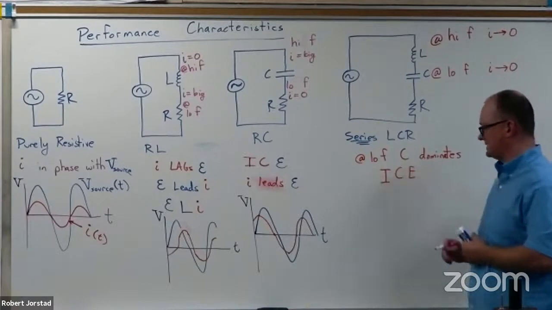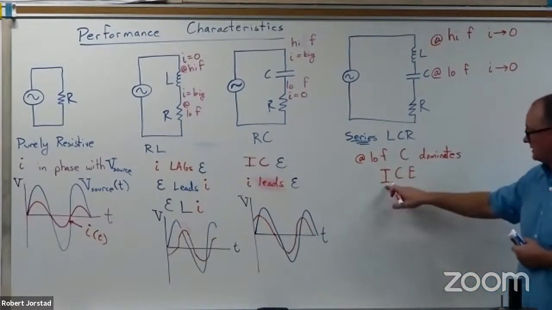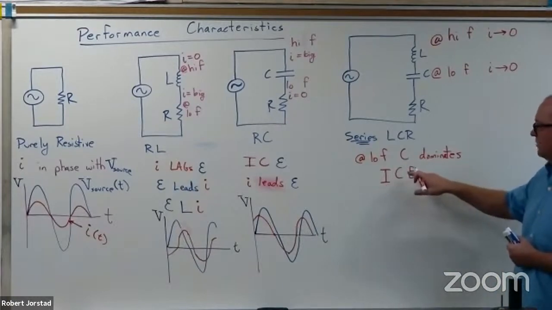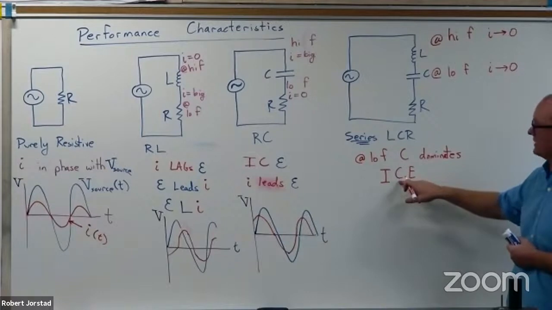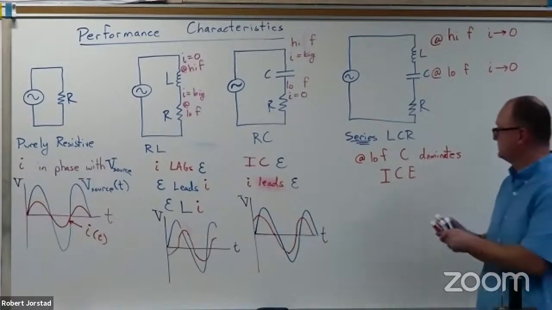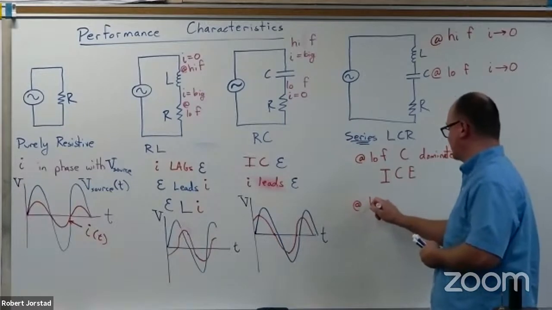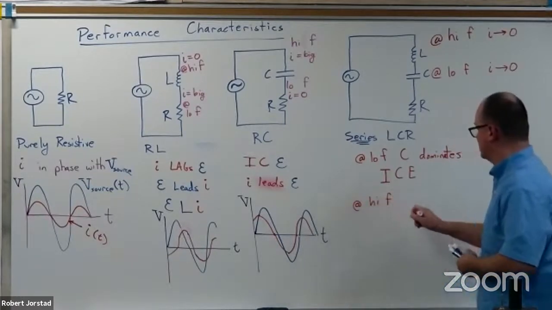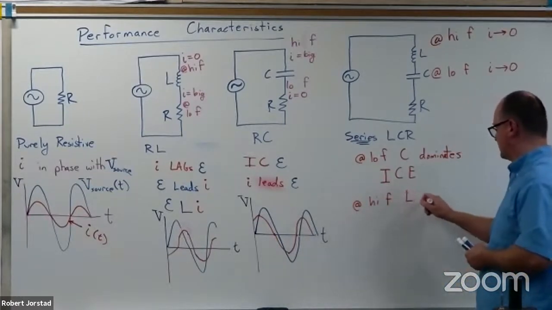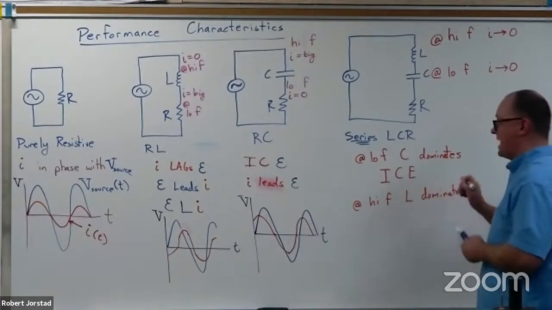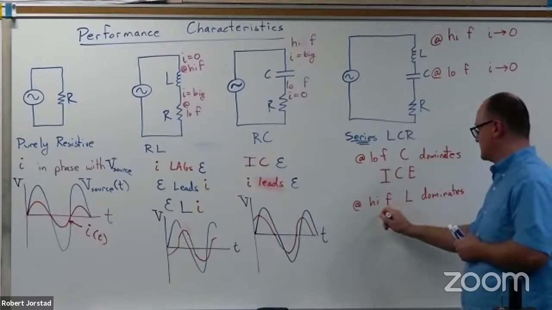We're going to use ICE. Current will lead voltage when the circuit is capacitively dominated. And then at high frequencies, the inductor dominates. At high frequencies, we expect ELI.